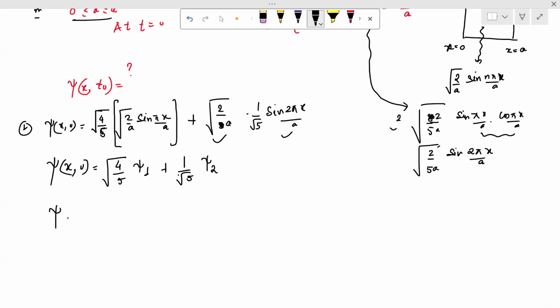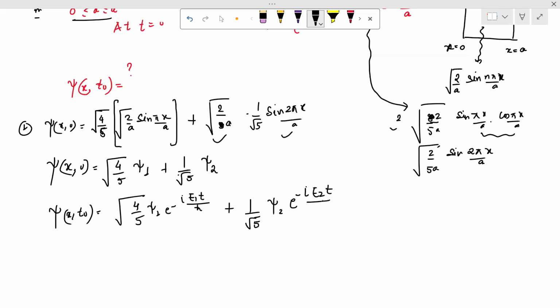If somebody asks what would be the wave function at any later time t equals t naught, you know what you have to do. You have to multiply this particular expression with the time evolution operator. So here it will be e to the power minus iota E1 t upon h bar, and here it will be plus 1 upon root over 5 psi 2 e to the power minus iota E2 t upon h bar.